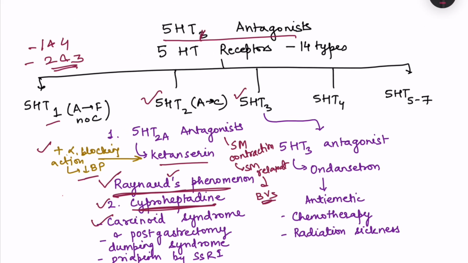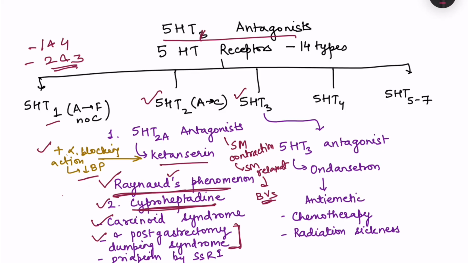So coming back to our antagonists, we have talked about the 5-HT2 antagonist ketanserin. Then we were talking about cyproheptadine. So it is used in carcinoid syndrome. Then another use is in post-gastrectomy dumping syndrome. What happens in post-gastrectomy dumping syndrome is that the volume of the stomach has decreased because of gastrectomy.